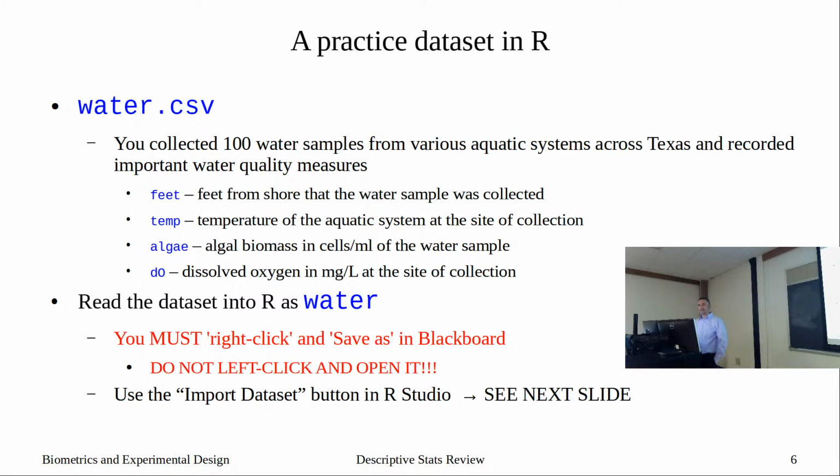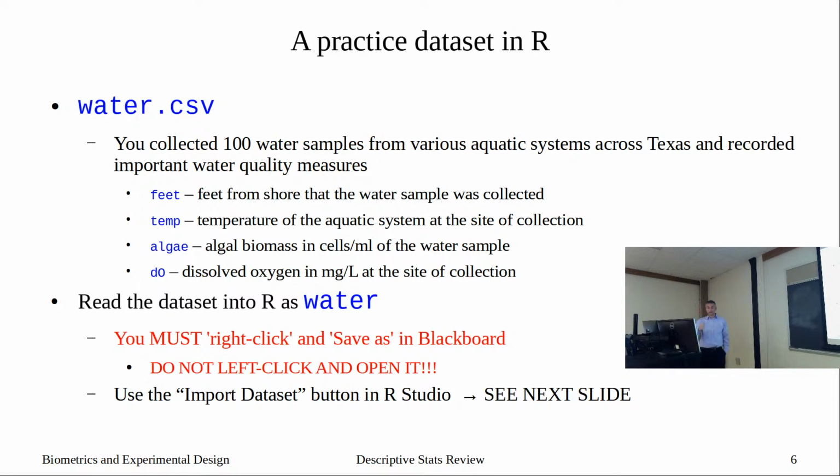As you're doing that, here's the rundown. Let's say we collected 100 water samples from various aquatic systems across Texas, and then recorded some important water quality measures. We measured feet from shore for where we collected the water. In some cases we may have picked it up within a foot of shore. Other times we may have gone out to our ankles to get that water. We also recorded the temperature at the site of collection.